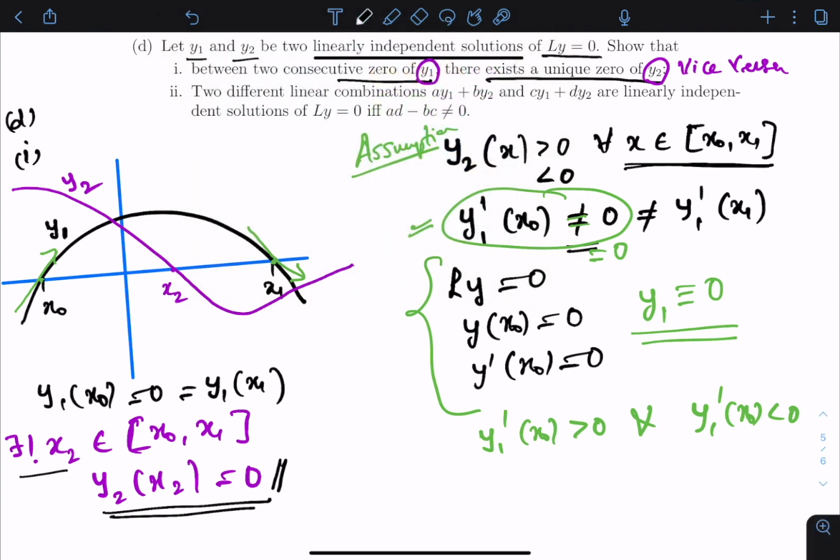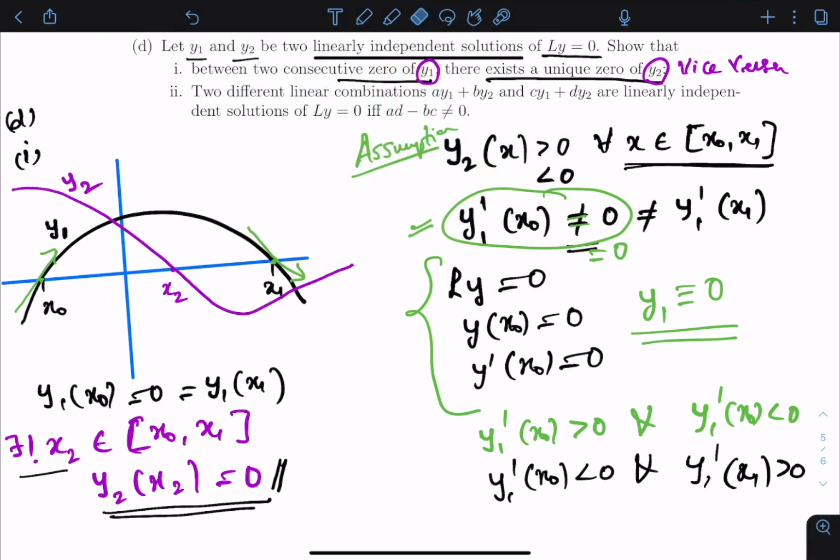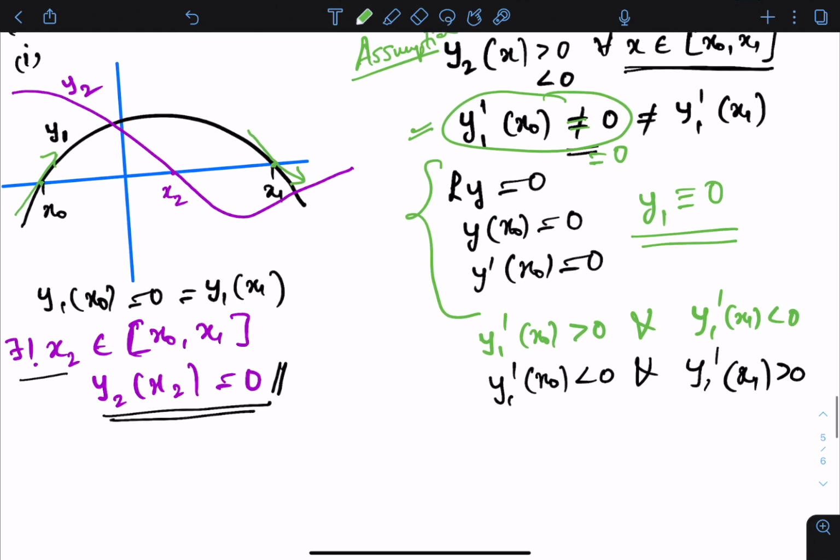But you could also have, if they have consecutive zeros, the graph go below the x-axis. So another possibility is y1 prime of x0 is negative, and then this should be x1.